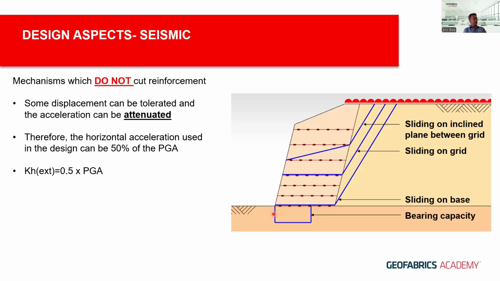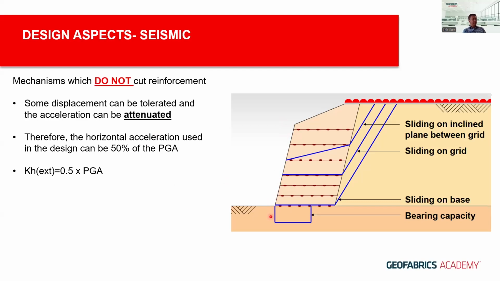When it comes to reinforced soil structures for seismic design, there are two mechanisms that we need to be aware of. The first is the mechanism that does not cut the soil reinforcement. Due to the ductile nature of reinforced soil structures, in other words, they can tolerate movements without failure, some level of deformation on the face is tolerable.